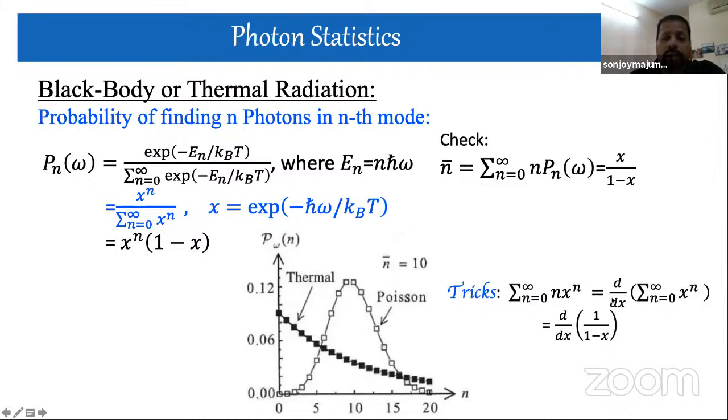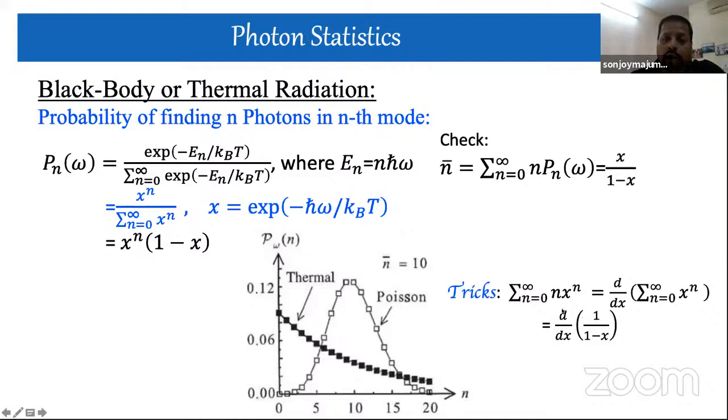And this one is nothing but you have to just take the derivative of this quantity with respect to x. Then n will come in front, and since the summation is from n equal to 0 to infinity, you can get the summation back. And this summation of x to the n for small x is nothing but 1 upon 1 minus x.